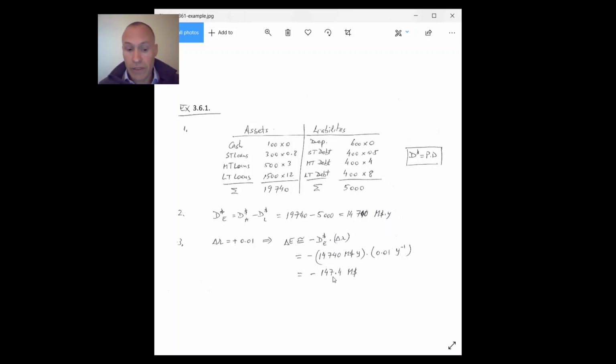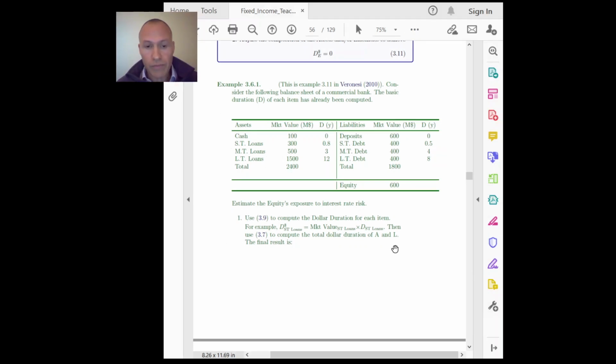Is this significant? Let's go back to the balance sheet that we have here in the handouts. What we're saying is that if interest rates go up by 1%, the value of equity goes down by roughly $150 million. Comparing that to the $600 million that equity is worth right now, it's roughly 1/4, 25%.